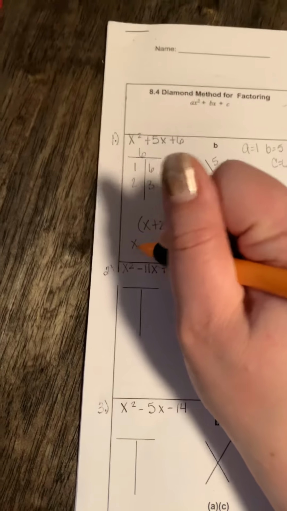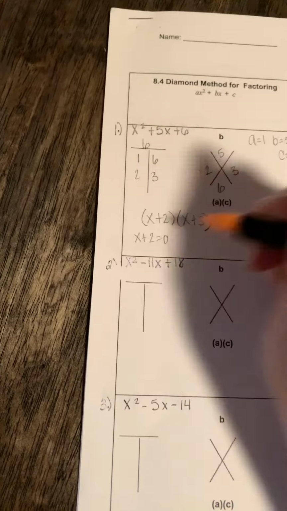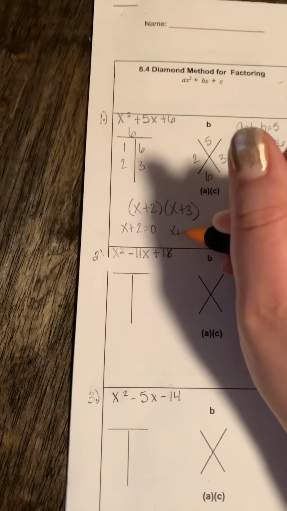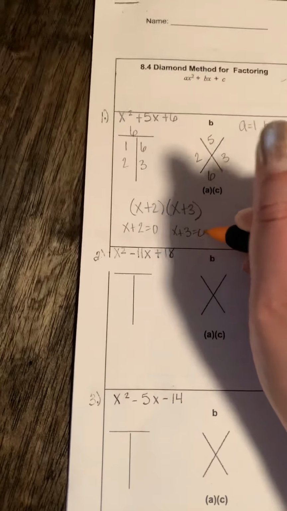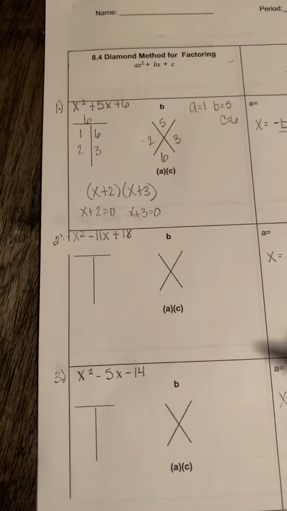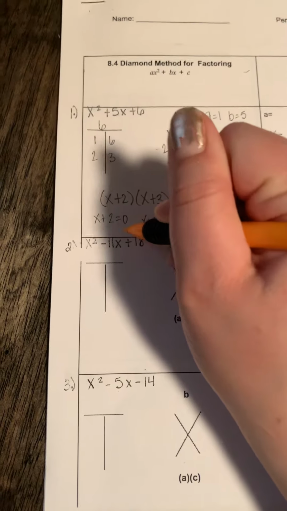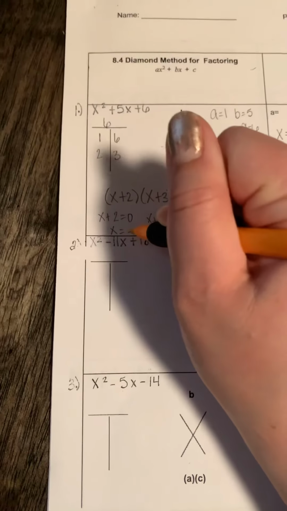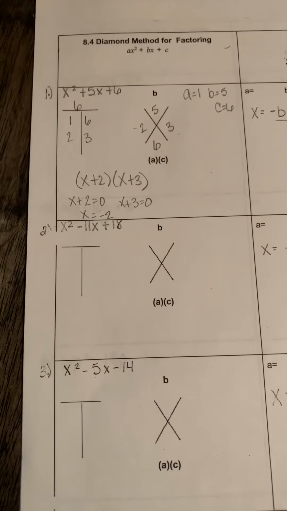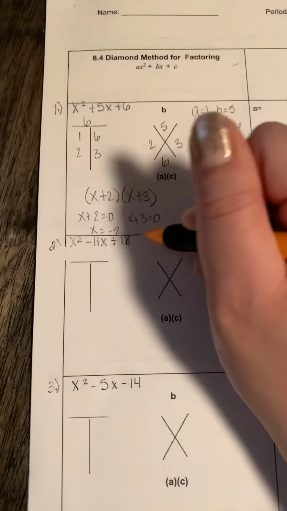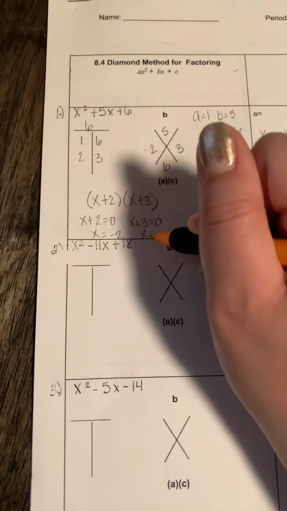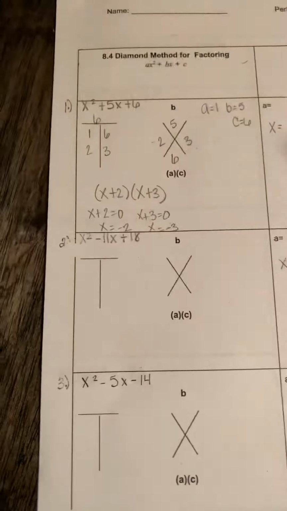So x plus 2 equals 0 and x plus 3 equals 0. If we subtract 2 on both sides, we get x is equal to negative 2. If we subtract 3 on both sides, x is equal to negative 3.